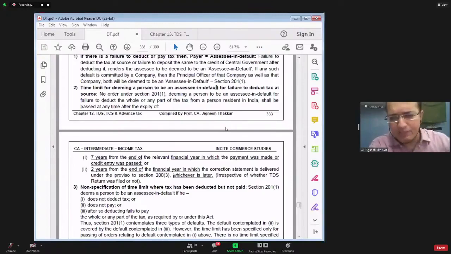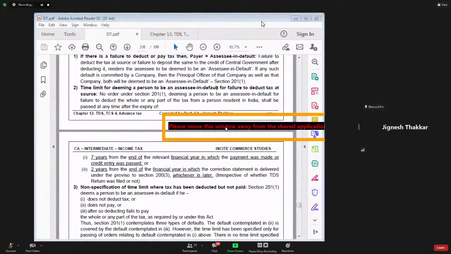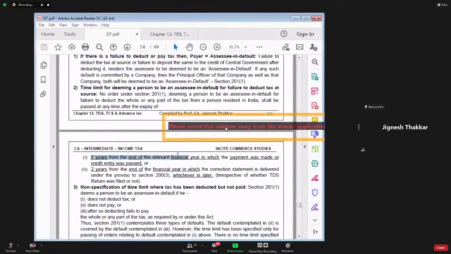For considering the payer as assessee in default, the income tax department has to pass an order saying that we are deeming you to be assessee in default. In what time limit is that order required to be passed? That order is required to be passed before the expiry of the following period. What is that period? 7 years from the end of the financial year in which payment was made or the credit entry was passed.